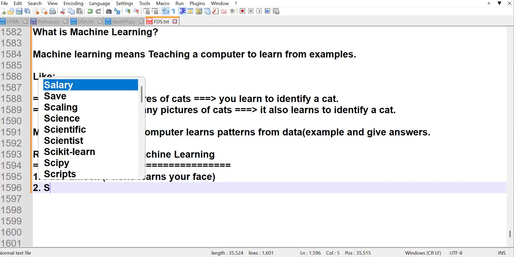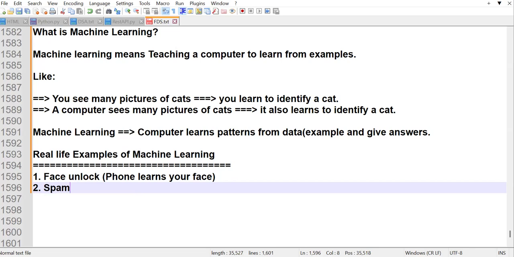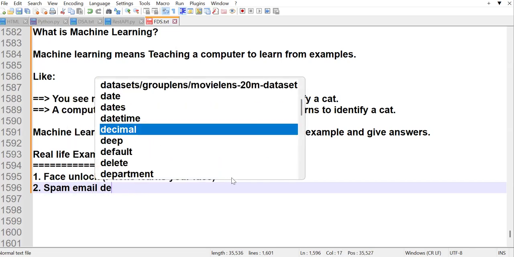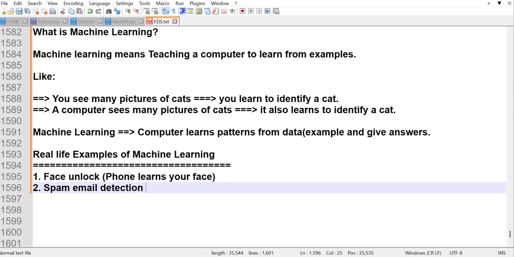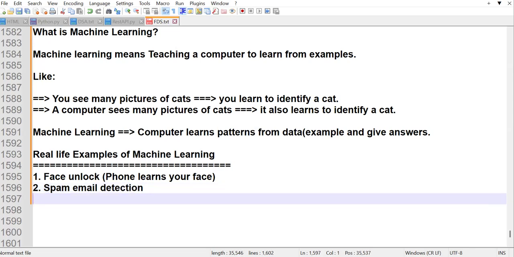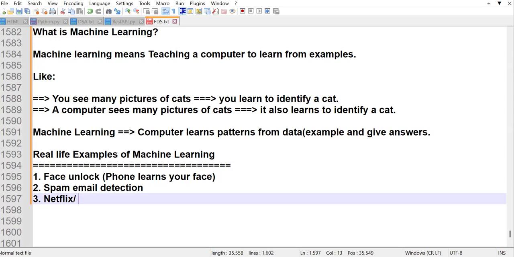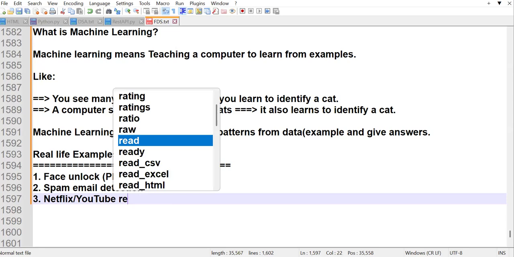And then we can say spam email detection. It can be used in email detection, which is spam or not. And Netflix, YouTube recommendations.